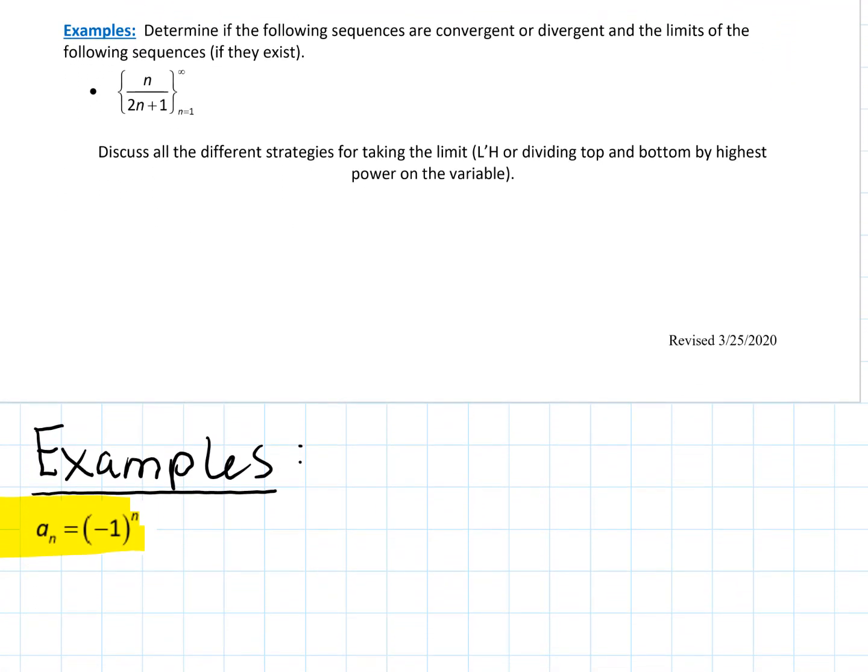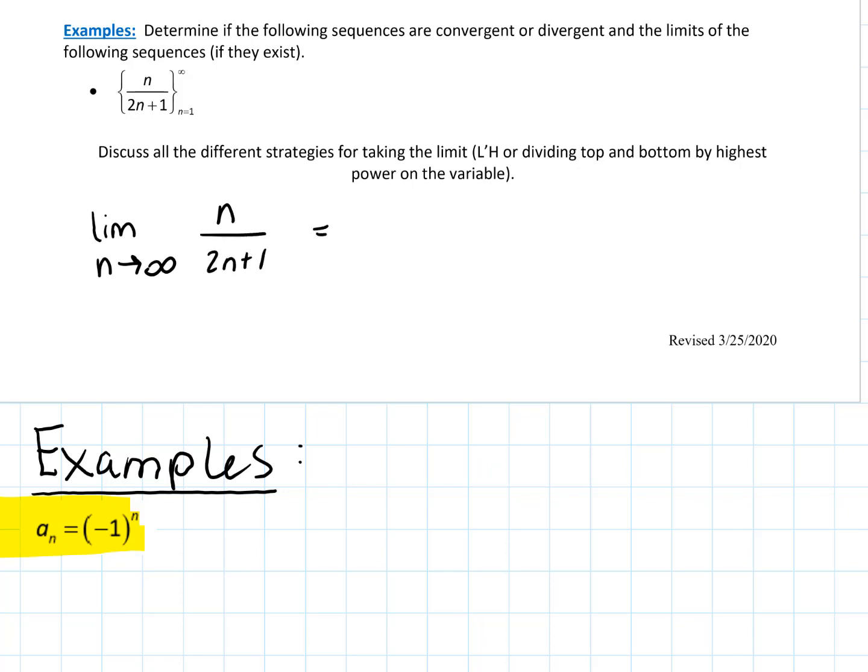For this very first example, the limit of n over 2n plus 1, where n starts at 1. There are lots of ways to do this, and I discuss all the different strategies underneath this problem, but the first thing we could do is consider the limit as n approaches infinity of n over 2n plus 1.